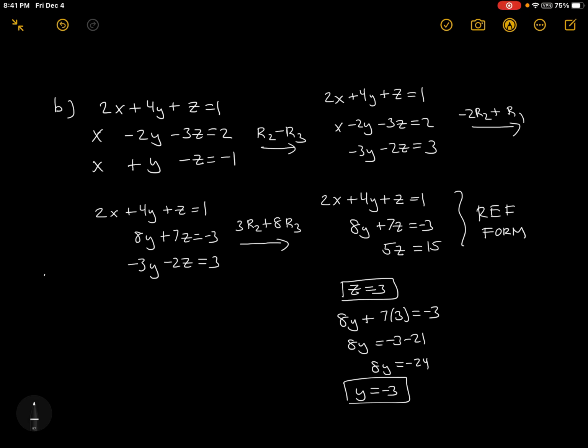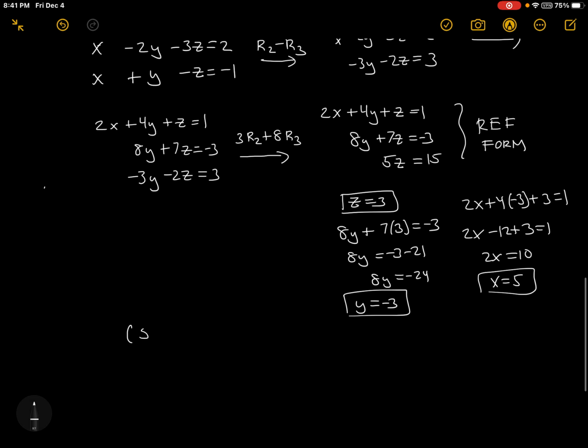And then plug everything back into the first equation. 2x plus 4 times y plus 3 is equal to 1. You're going to get 2x minus 12 plus 3 is equal to 1. 2x is equal to 10, and x is equal to 5. Okay, so final answer, you can write it as an ordered triplet, 5, -3, and 3.